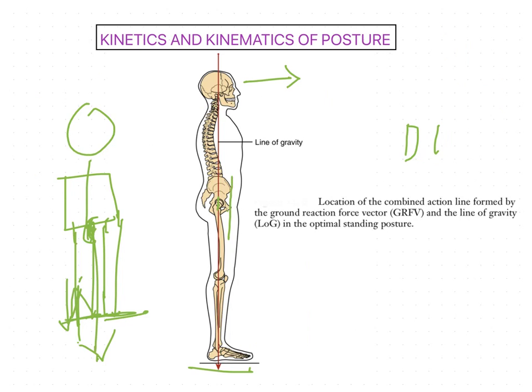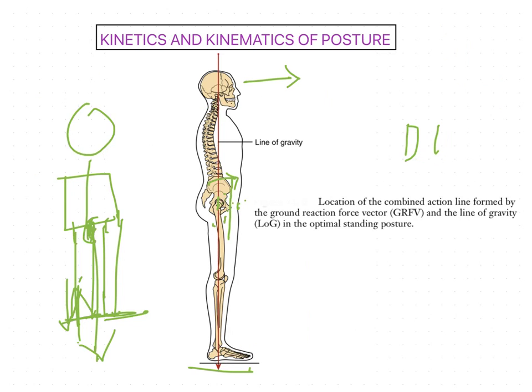This moment will cause rotation of the superimposed body segments around the joint axis, unless it is opposed by a counterbalancing internal moment. So if the LOG falls some distance away from this joint axis, it creates an external moment on this joint.